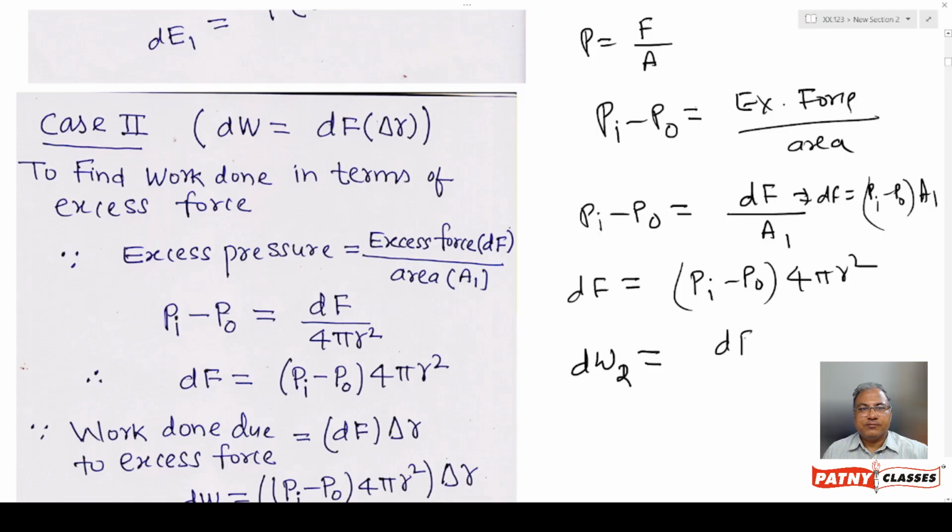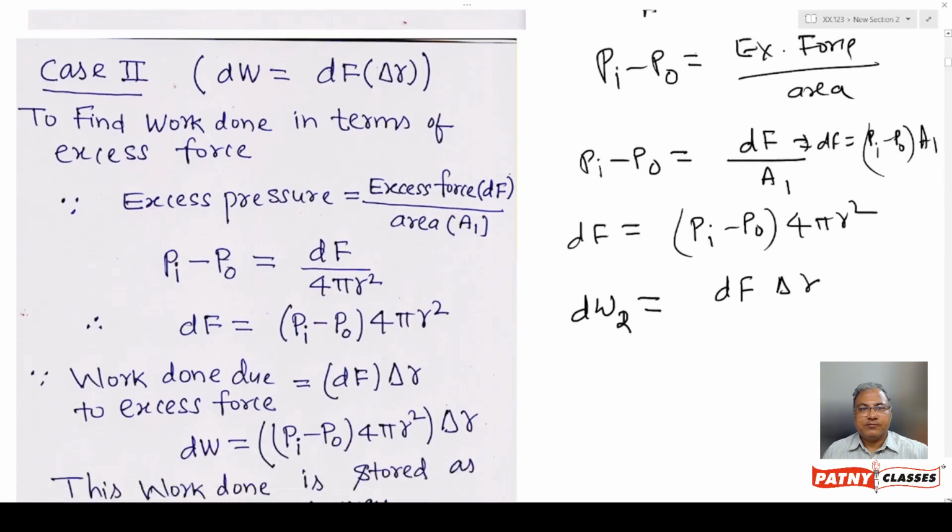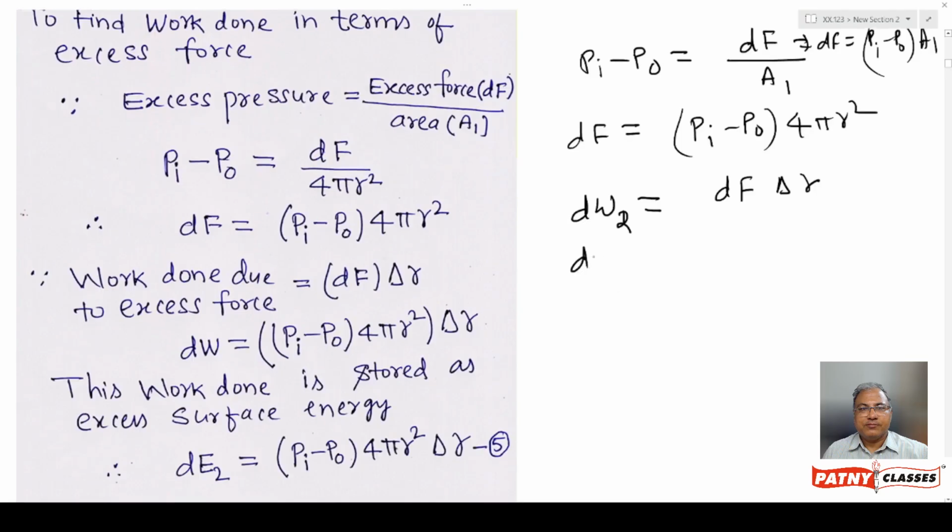That is nothing but excess force multiplied by delta R. So dW2 equals dF, that is Pi minus P naught multiplied by 4 pi r square multiplied by delta R. This is the work done in blowing the drop. This work done is also stored in the form of energy, denoted by dE2. So dE2 equals Pi minus P naught 4 pi r square into delta R.